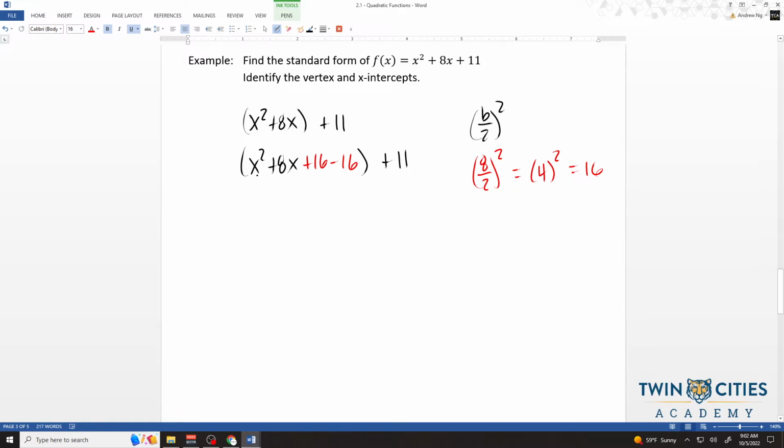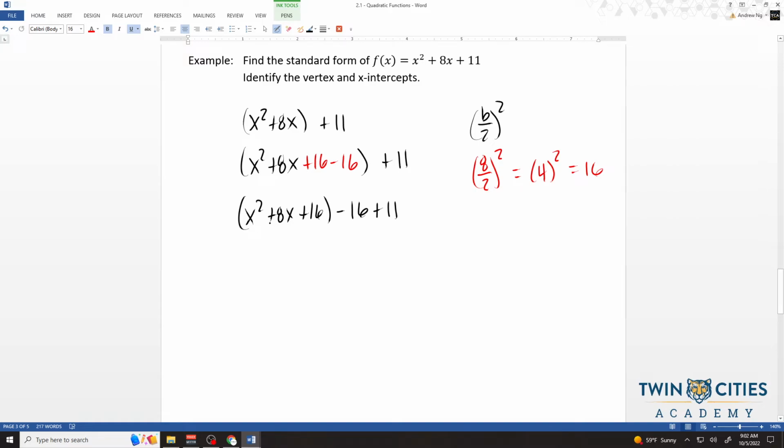All right, now this is a perfect square trinomial. And because I don't have anything that's going to distribute, I can just move the negative 16 to the outside now. So this is going to be x squared plus 8x plus 16, and then I'll have, moving this outside, minus 16 plus 11.